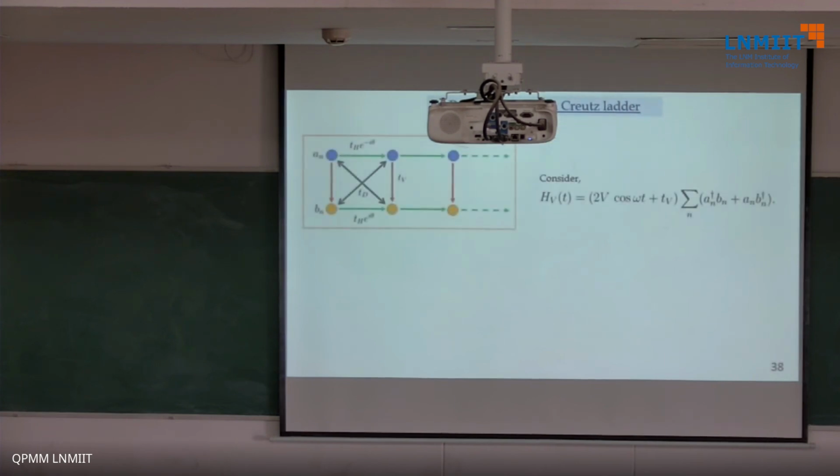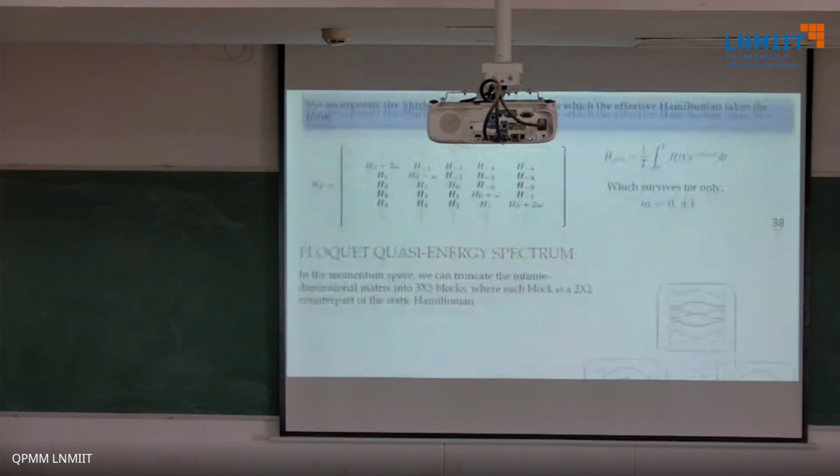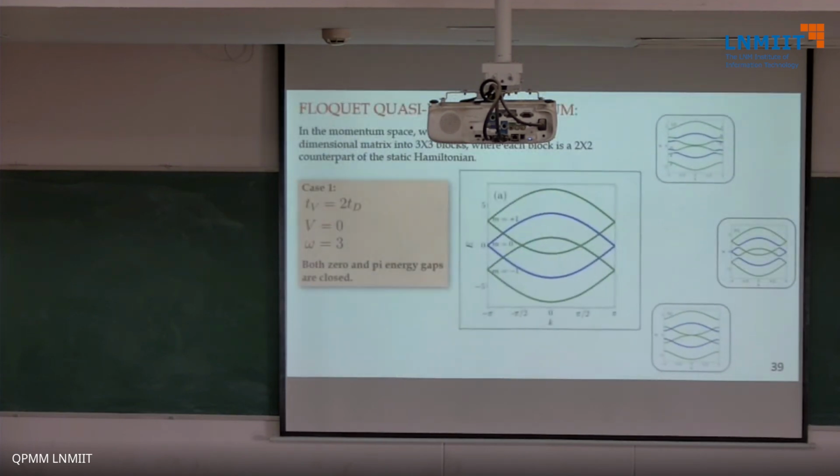If you do a driving of the ladder, like we were talking about, then you have the same formalism. This is no driving. You have 3 replicas of this in the Floquet formalism. There is a gap closing here, here, and also here and here.